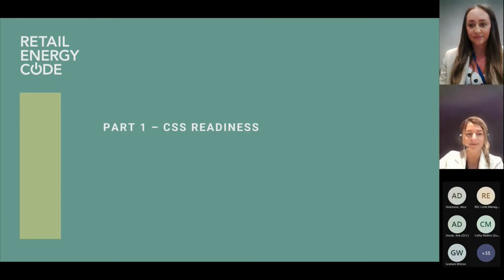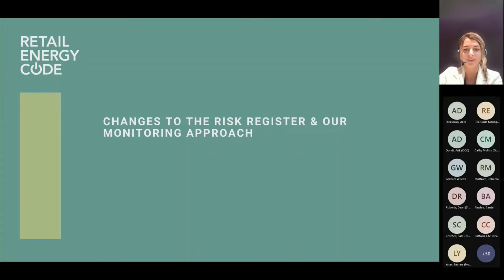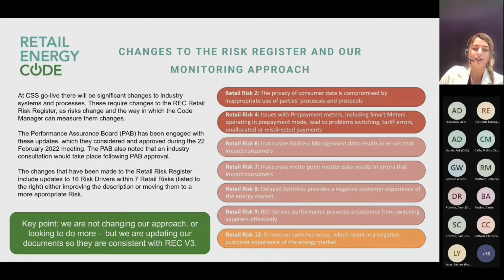Thank you. If we move to the next slide, please. So I'm going to be talking about the changes to our risk register and our monitoring approach. So when CSS goes live on the 18th of July, there'll be significant changes to the industry systems and processes.